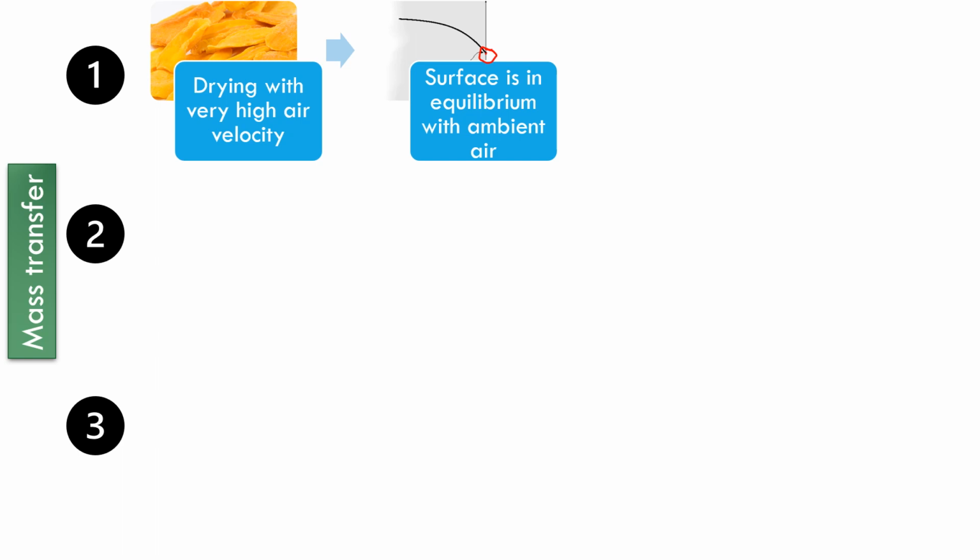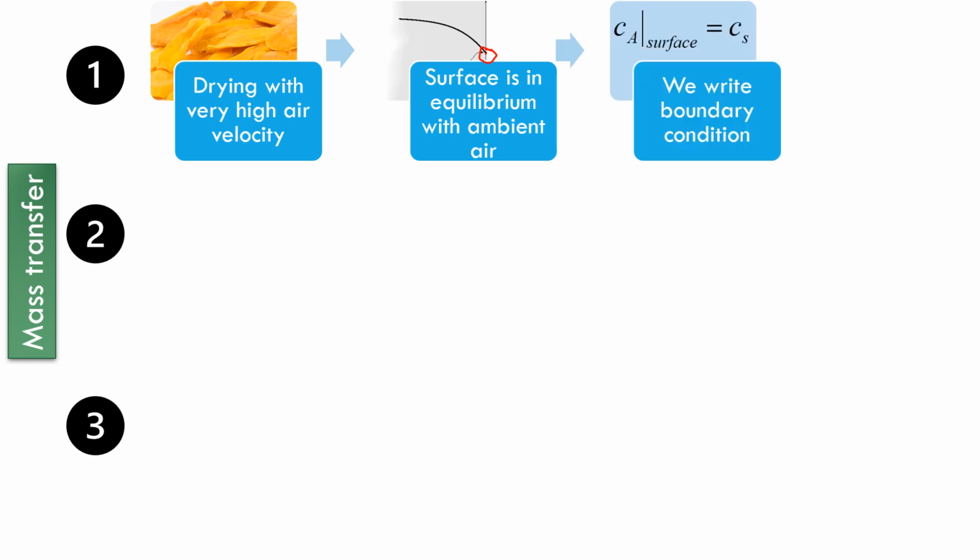And so the surface condition is therefore a constant. So the concentration of A, let's say A could be moisture, at the surface is equal to some set value. So value given at the surface is the first kind of boundary condition.